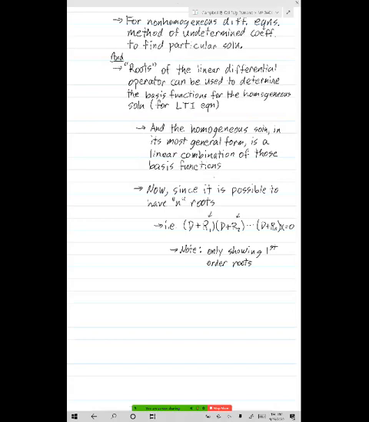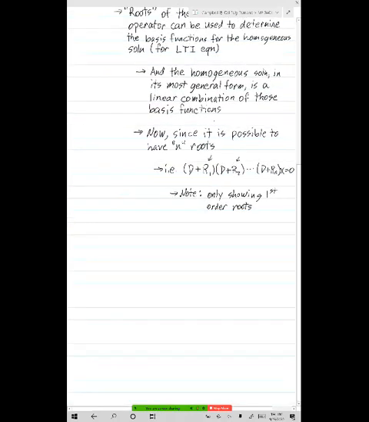But to keep the notation a little bit simpler, I'll just go ahead and assume that we're dealing with first order roots. And so that's it. You go ahead, you find the linear differential operator, you factor that linear differential operator, you get the roots, and then we start working with the solutions that we know are associated with those particular roots, and that's it.